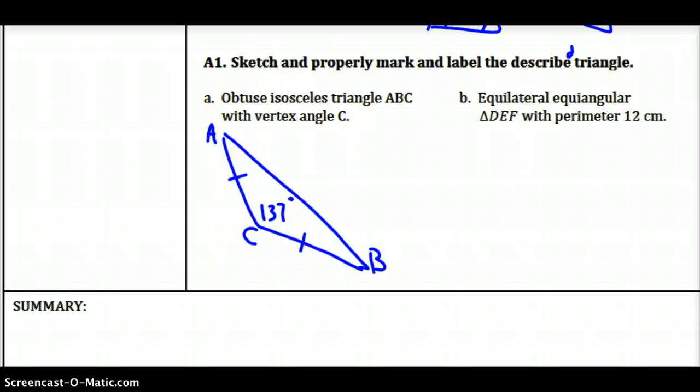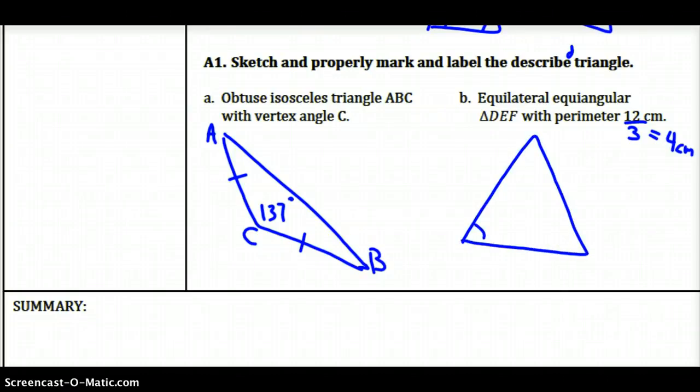Next, an equilateral, equiangular triangle with a perimeter of 12. So 12 divided by 3 is 4 centimeters each. Equilateral, equiangular, and I could go 4 cm, 4 cm, and 4 cm. All right. And again, I could have marked it with markings like this as well.